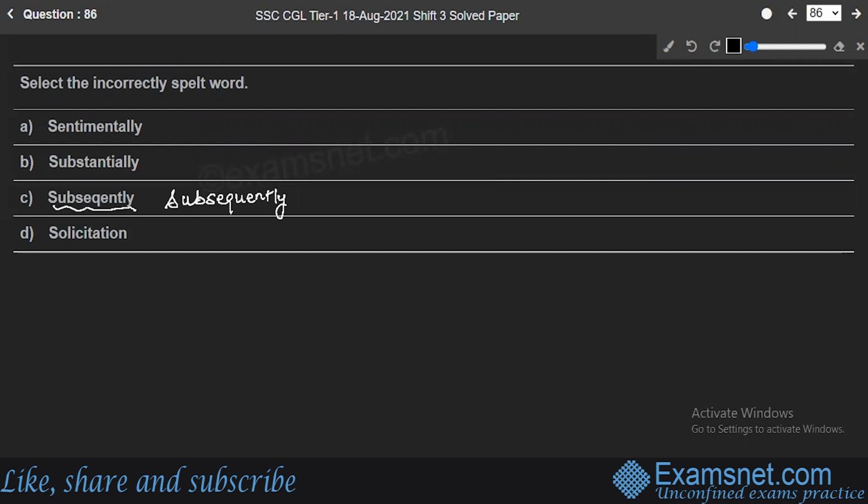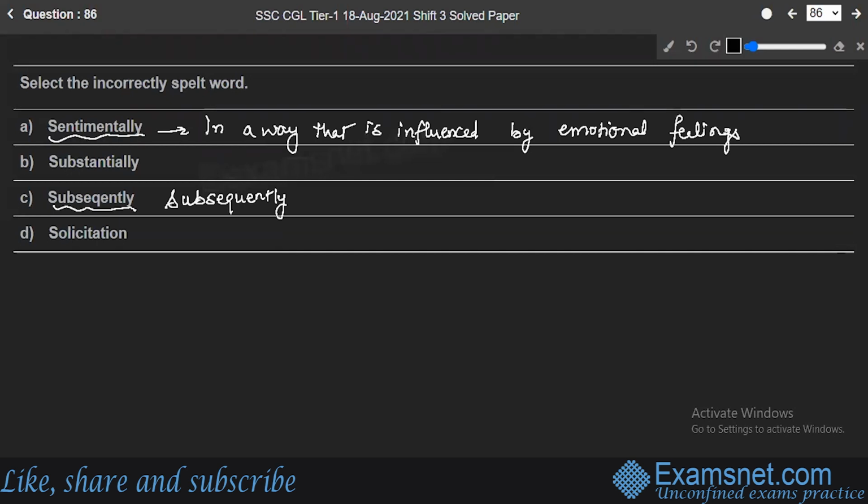Let's see the meaning of all these words. First of all, sentimentally means in a way that is influenced by emotional feelings. Sentimentally spellings are absolutely correct. Substantially means very much, greatly. Spellings are again correct in this case. Then subsequently, the spellings were wrong in this case.